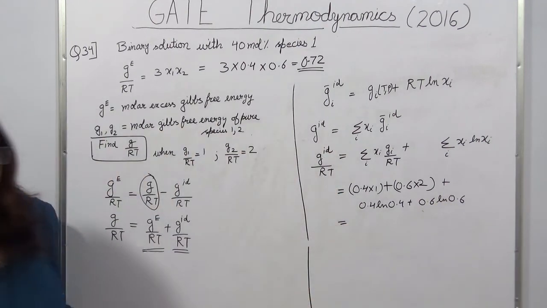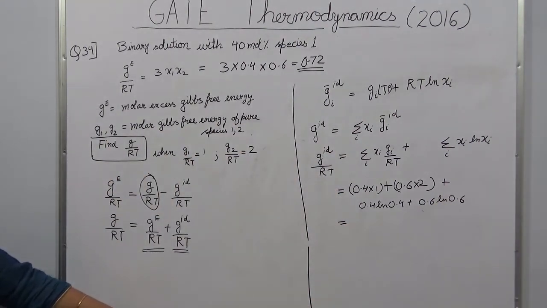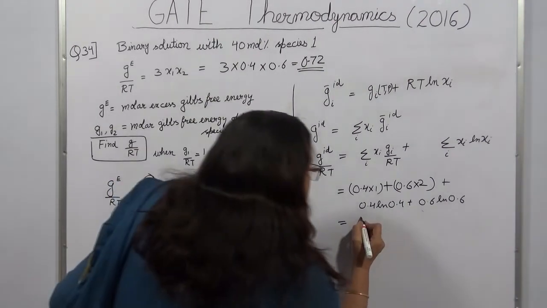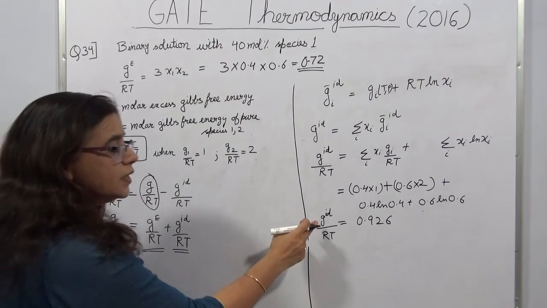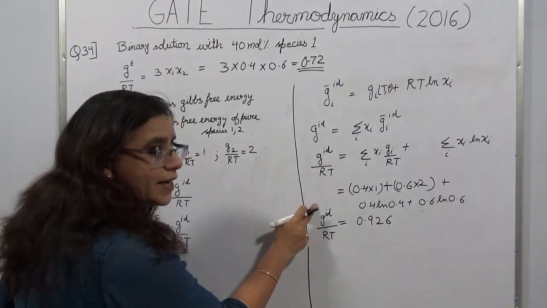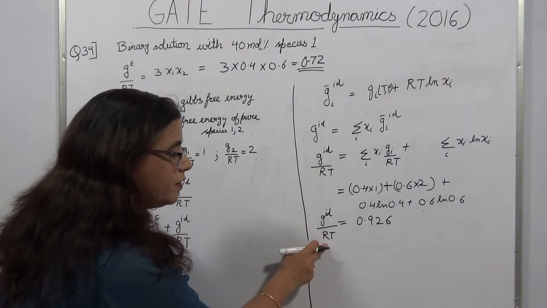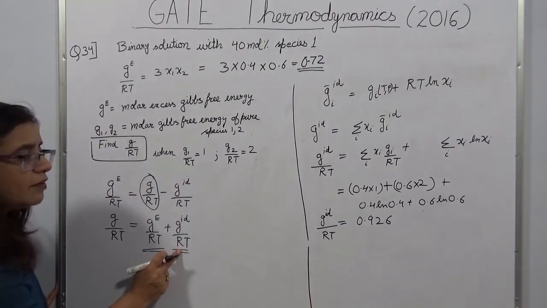Now evaluate this, and when you do the calculation, your answer is 0.926. What we have evaluated is the Gibbs free energy of the ideal solution at same temperature and pressure divided by RT.